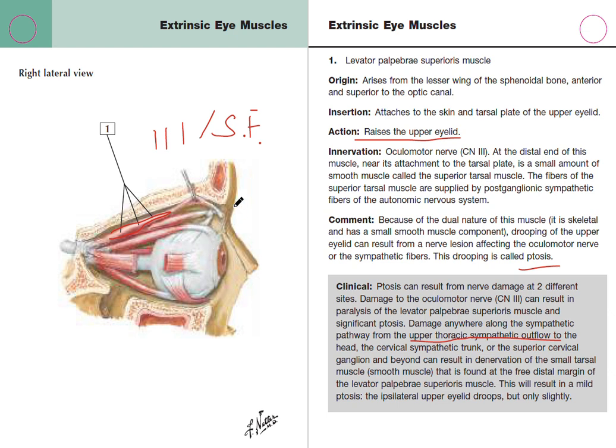This will result in a mild ptosis wherein the ipsilateral upper eyelid droops, but only slightly. So again, to recall, the levator palpebrae superioris is primarily skeletal muscle, but a small distal tip is actually smooth muscle.